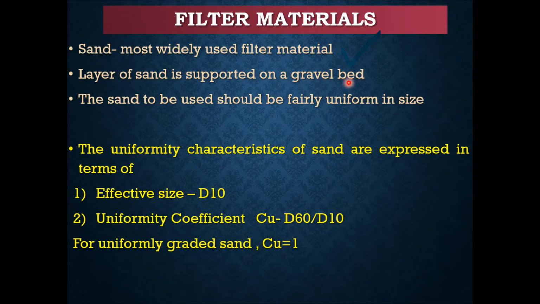The layer of sand is supported on a gravel bed. Below the sand a firm support is required, and that firm support is given by the gravel bed, which has larger size gravels, and the sand to be used should be fairly uniform in size. Hence, the uniformity characteristics of the sand should be known.